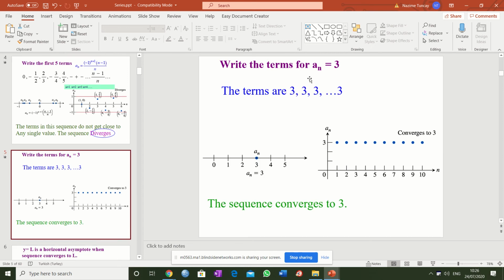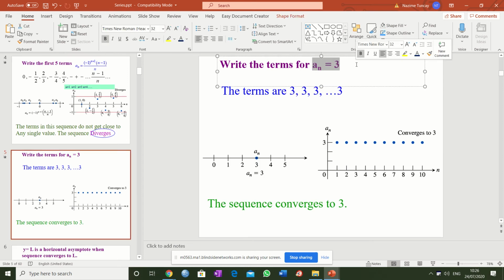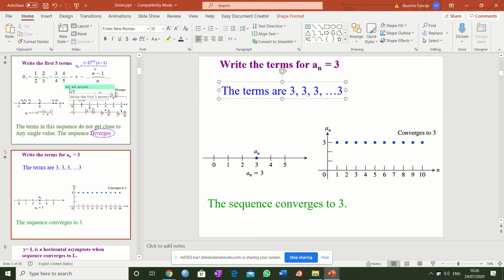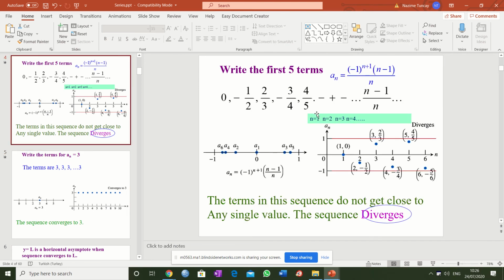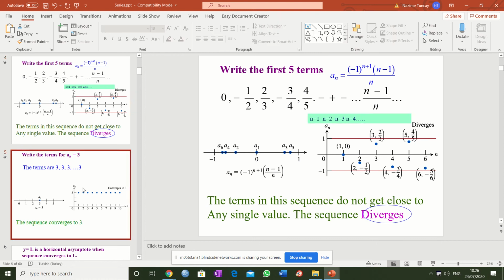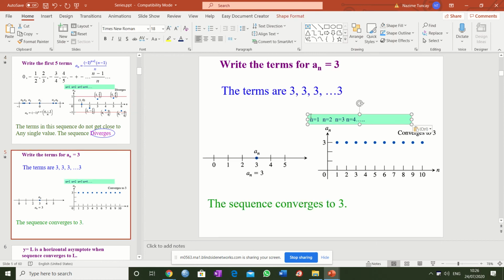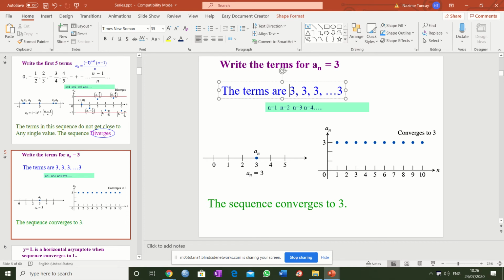Yes, here this is a different sequence. It's a sequence where for all values of n, the range is 3. This means that whatever the value of n is, n can be 1, 2, 3, 4, 5, 100, it's not important.